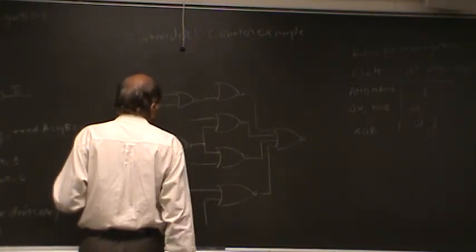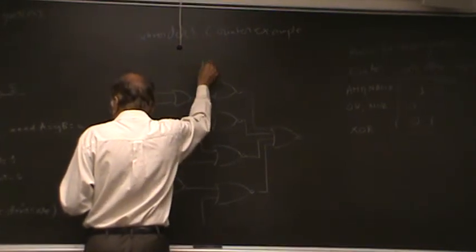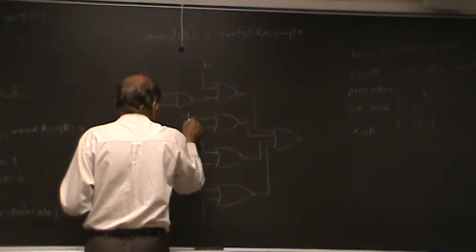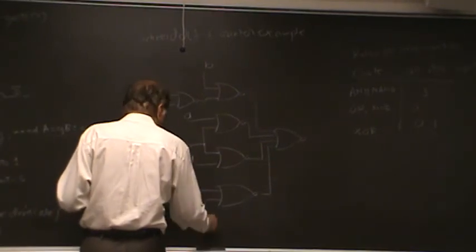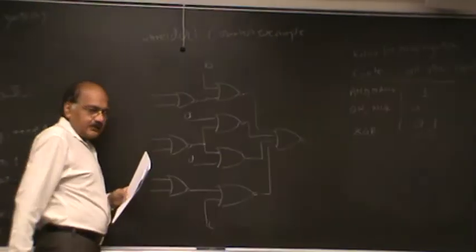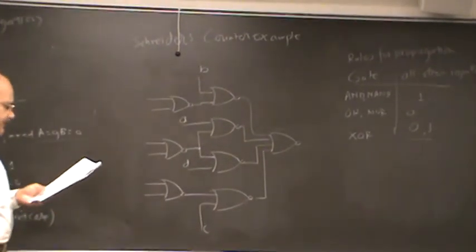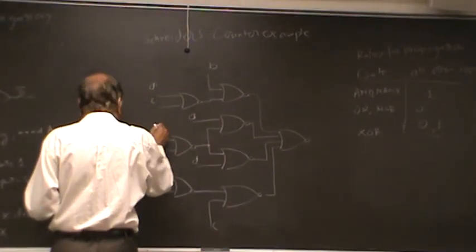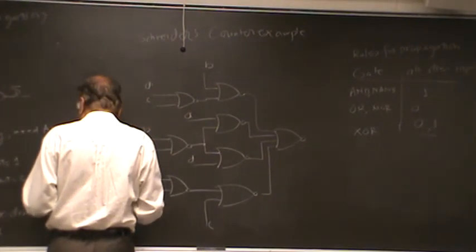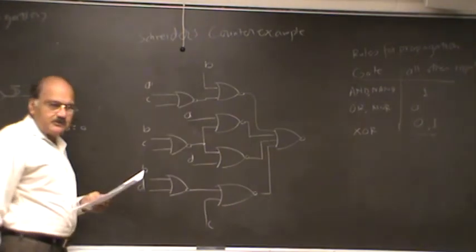Now, this circuit actually has only 4 inputs. But in order to keep the circuit from getting too ugly, let me imply some of the connections. So it has 4 inputs, A, B, C, and D.